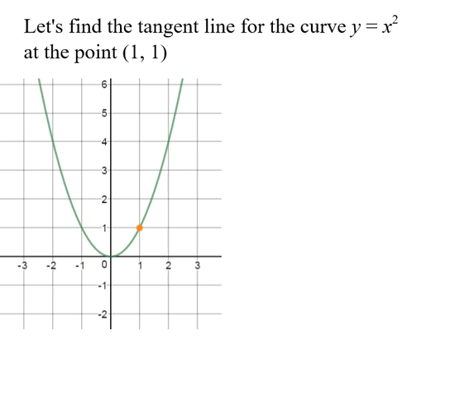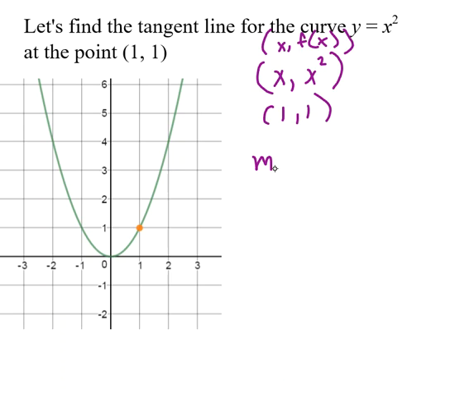So I'm going to start by finding the slope. And we want to find the slope between the point (x, x squared), so some generic point on this graph, which is really just (x, f of x), but since this happens to be the curve x squared, it's (x, x squared), and the point (1, 1).